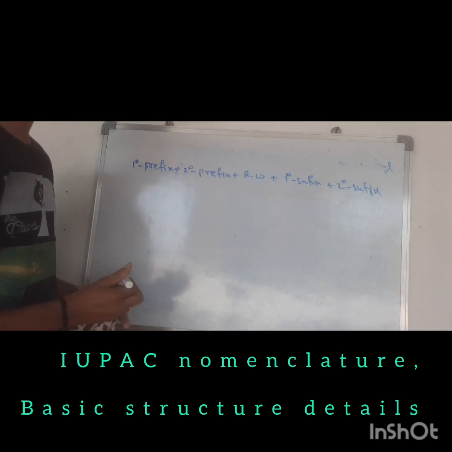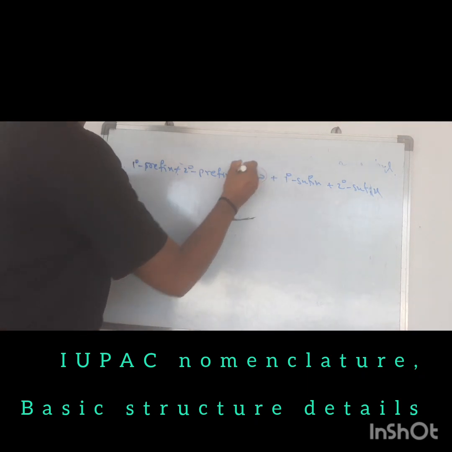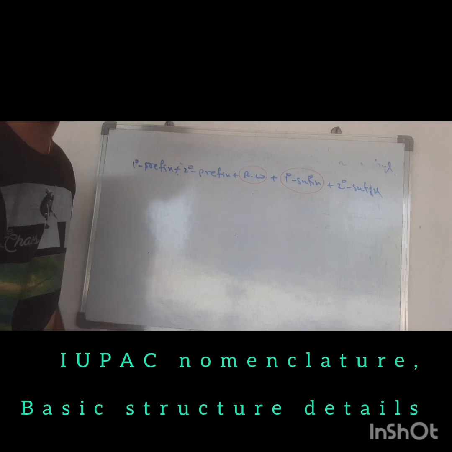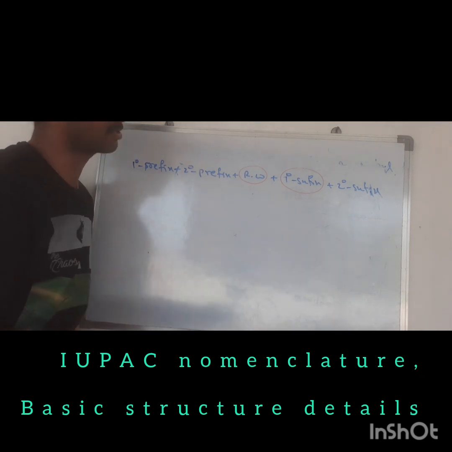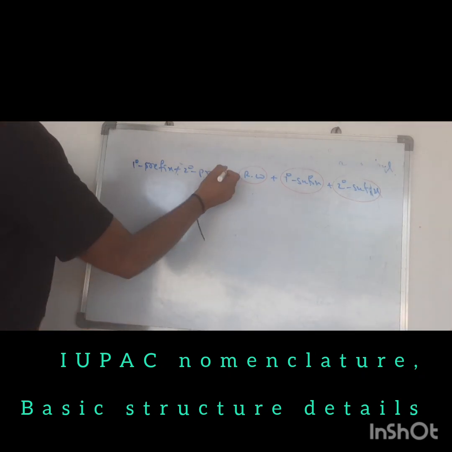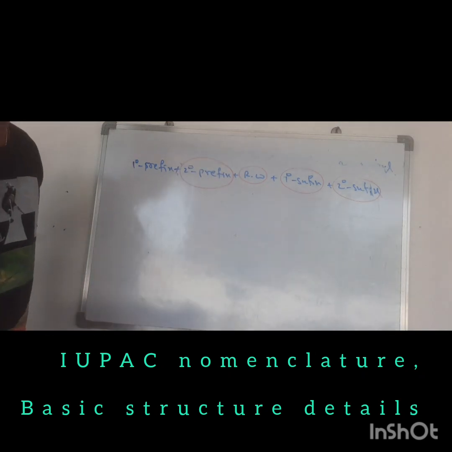The root word is compulsory. It tells about the number of carbon atoms present in the chain. Primary suffix tells about the saturation of the compound, whether the given compound is saturated or unsaturated. Secondary suffix tells about the functional group. Secondary prefix tells about the substituent.